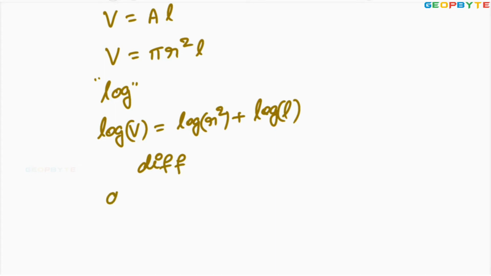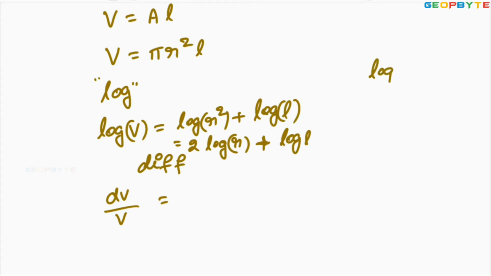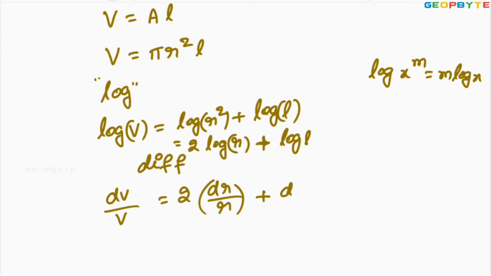Then dV by V equals 2 log r plus log L, because log x power m equals m log x. So it can be written as 2 into dr by r plus dl by L.